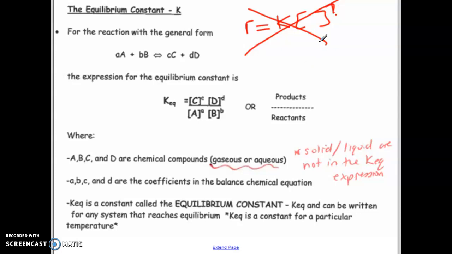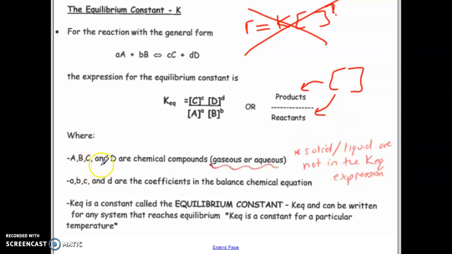How to set up an expression for K for equilibrium constants is always the same. The setup is products over reactants. Okay, so products over reactants. Another thing to keep in mind is the only things that can go into this expression are concentration values.